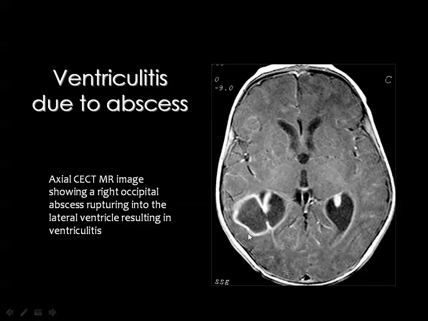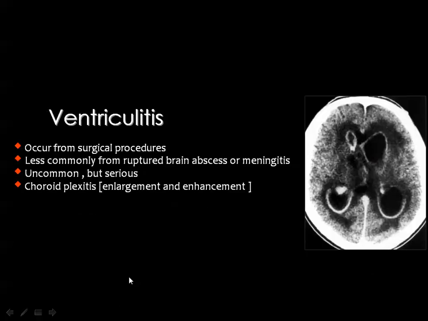And this is an example of brain abscess in the temporooccipital area, ruptured inside the ventricle. You see enhancement of the ventricular wall on both sides, denoting the development of ventriculitis or ependymitis. Now, I have said that ventriculitis is an easy diagnosis whenever you see that the ventricular wall is thickened and contrast enhanced.